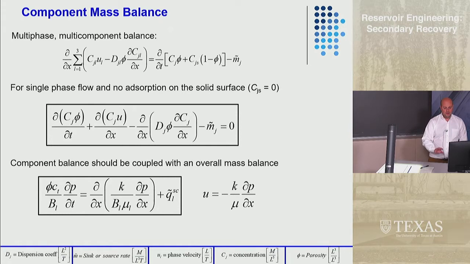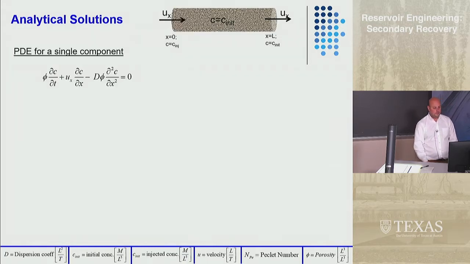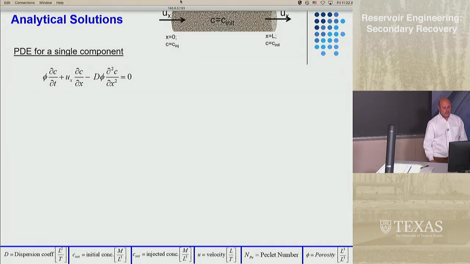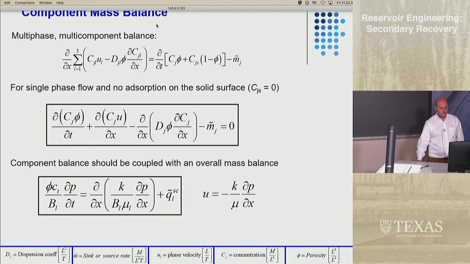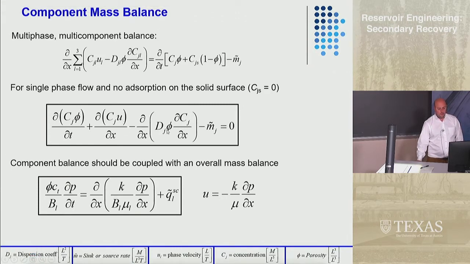Well, if you have a constant velocity U, and we could also assume things like constant porosity phi, then it really greatly simplifies the PDE. Basically what it means is that anything in those derivatives, the porosity I could pull out, the velocity I could pull out, and the dispersion coefficient is a function of velocity, or the Peclet number.